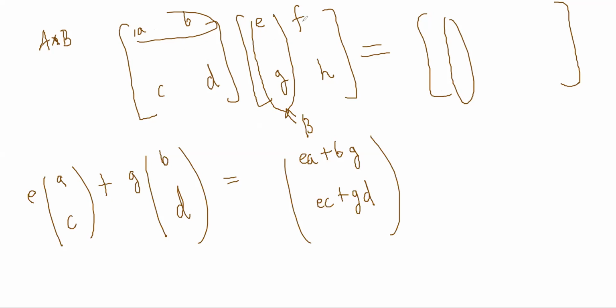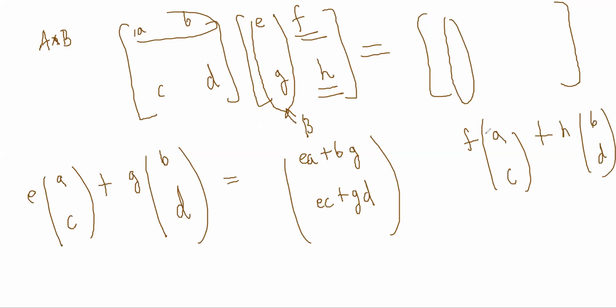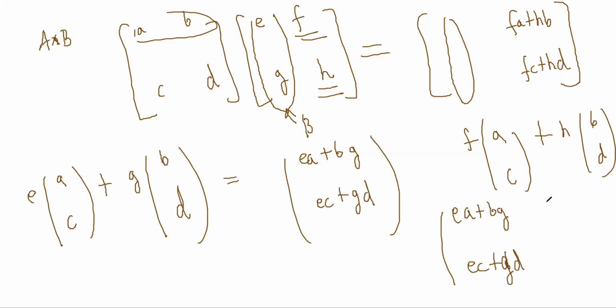And the second column will be using these as scalars and the same columns. So F times (A, C) plus H times (B, D) will be just FA plus HB by FC plus HD. You understand? Yes. So this is important because here you are expressing each entry, you're not thinking of it as entries, you're thinking of them as vectors.